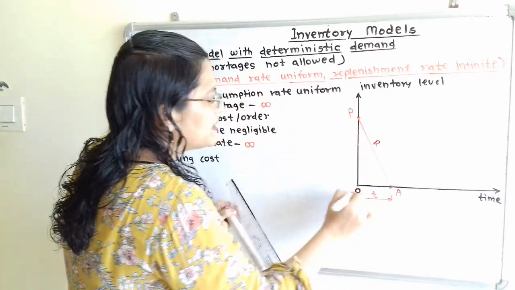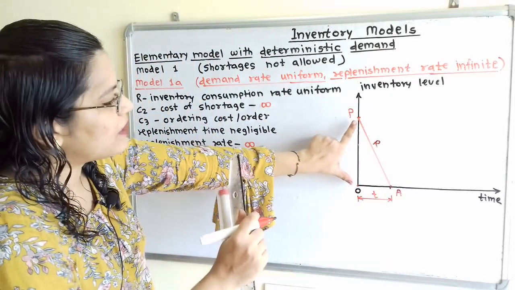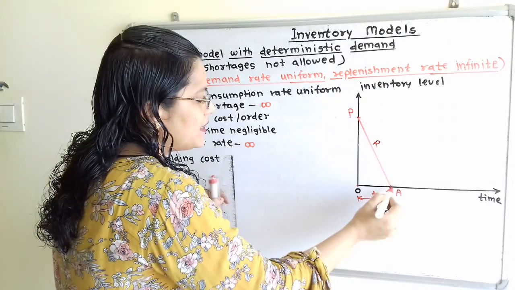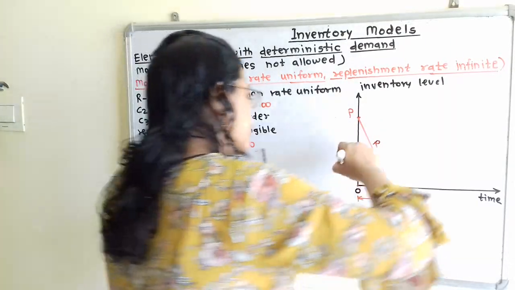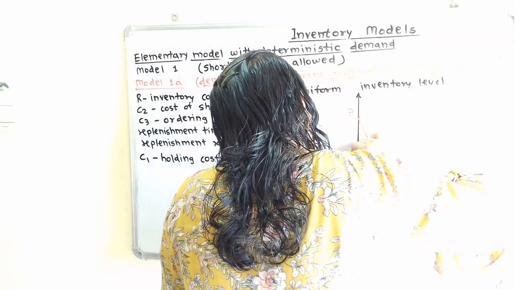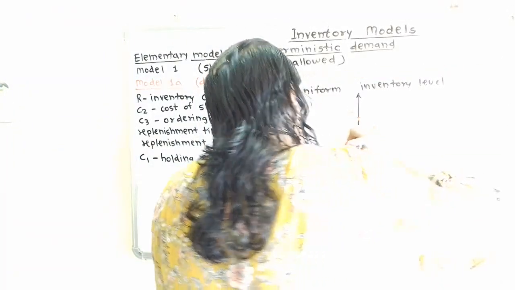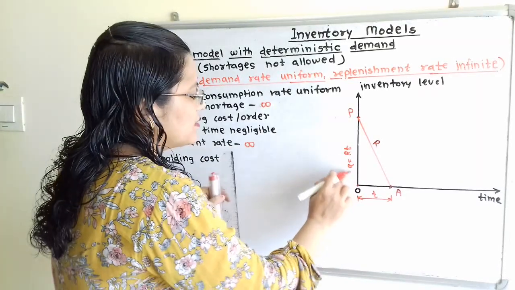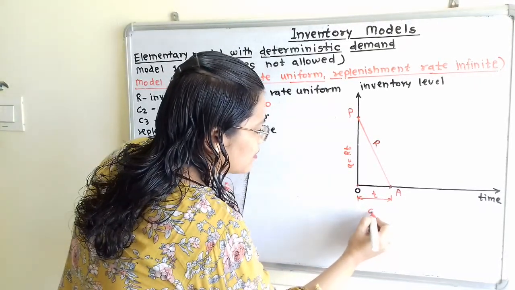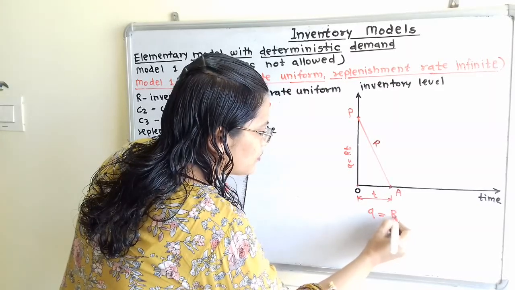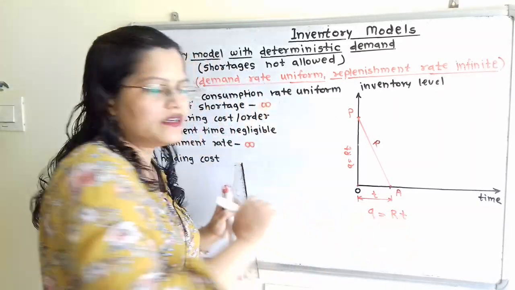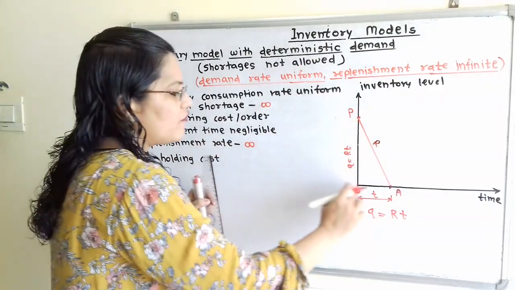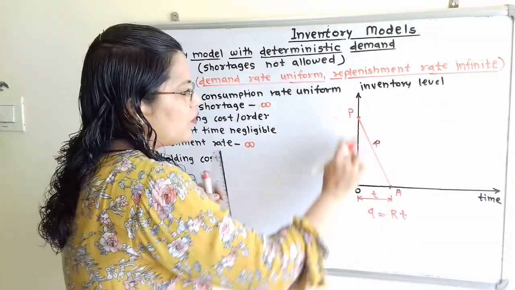Now here is the inventory level. What is the value of this inventory level? Here is the triangle PAO. So inventory level Q is equal to RT. From this diagram, inventory level Q is equal to consumption rate into time period T. Now what is the stock? Stock means area of triangle OPA.